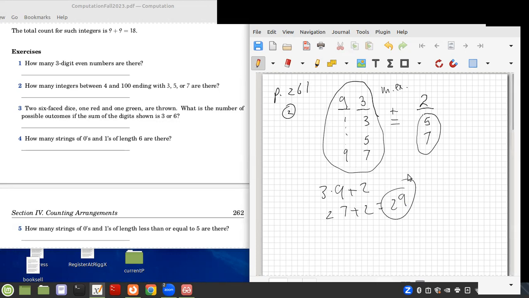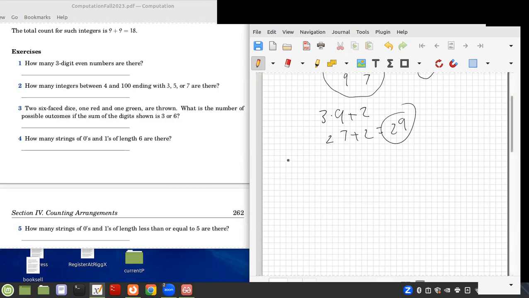Okay, let's try number 3. You have 2 six-faced dice, right? So the first dice, there's going to be like 1, 2, 3, 4, 5, or 6, right? That's the red one. And the green one is also 1, 2, 3, 4, 5, or 6.